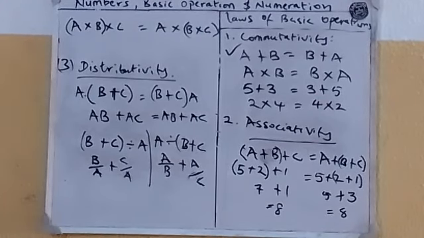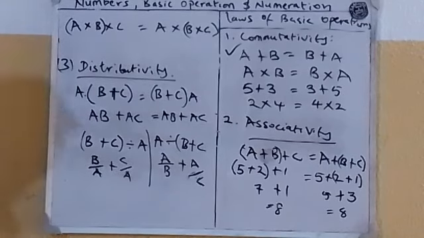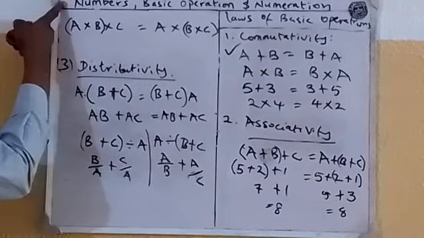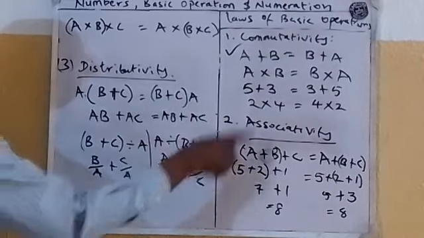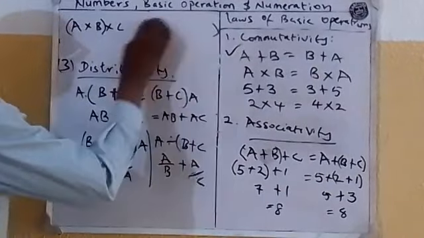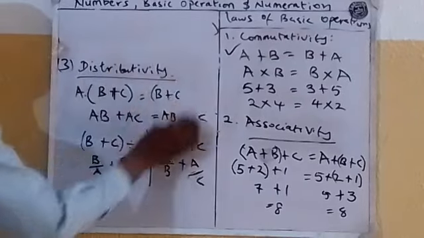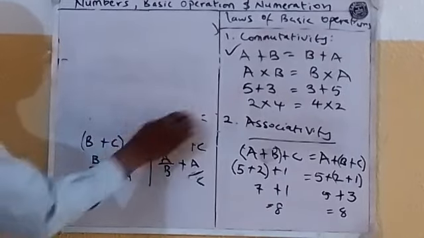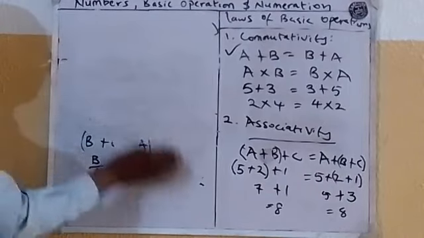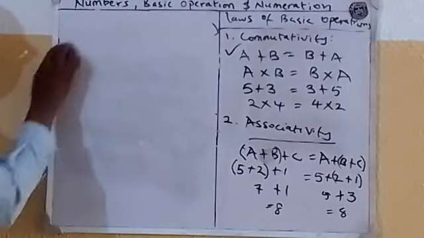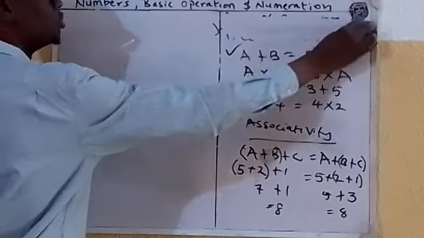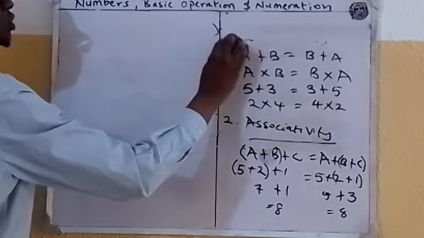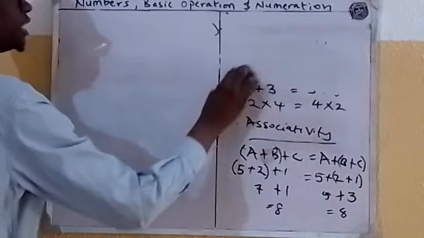Numeration is like number systems. So we talk about numbers, we define numbers, we look at basic operations, this is what we have done now, and we're coming to numeration. So numeration is number systems, system of numbers, from what you are already used to, what you interact with in your subjects and other courses.